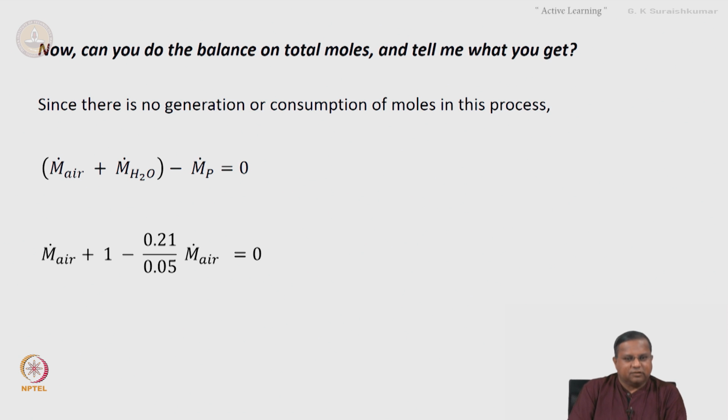Molar flow rate of air is m dot air, molar flow rate of water is 1, and MP dot is 0.21 divided by 0.05 times the molar flow rate of air. And if you solve this, it is all in terms of molar flow rate of air, we get 0.31 mole per minute, and this is our answer.